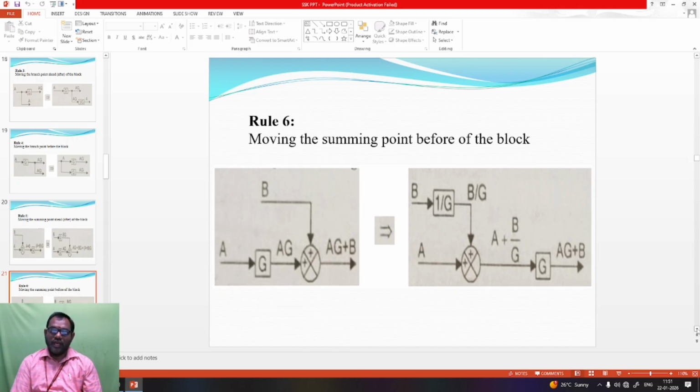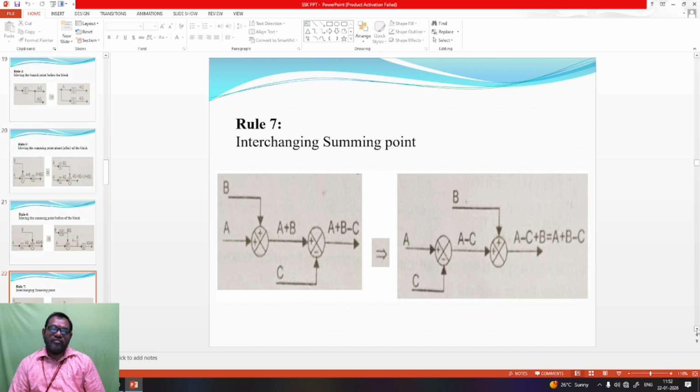Then the input B is changed by 1 divided by G, that is, B divided by G. Then the summing point output is equal to A plus B divided by G. Then the input of the block is A plus B divided by G, and the output of G is equal to AG plus B. By using LCM, we take the output for the gain block output.